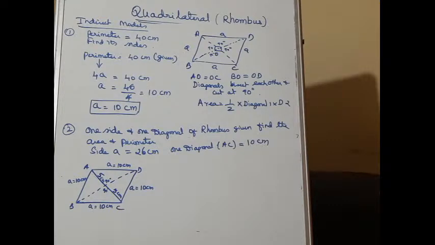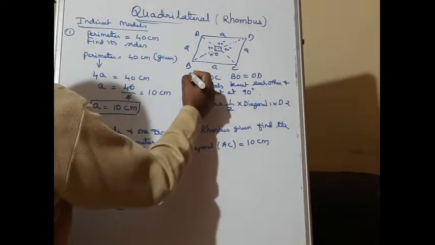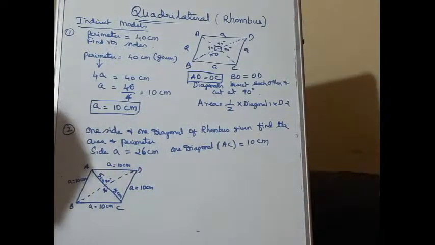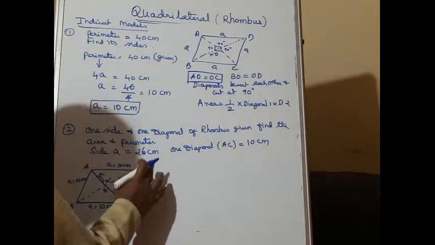The diagonal is 10, so you must take 5 and 5. And the side is 26 centimeters.